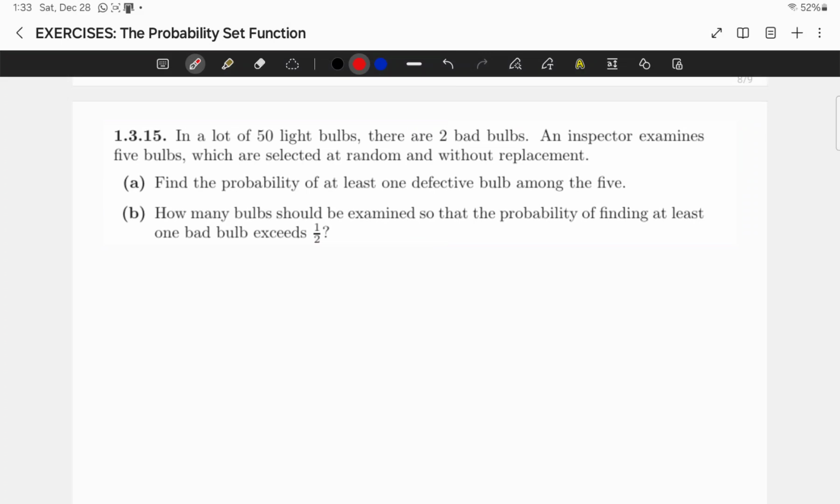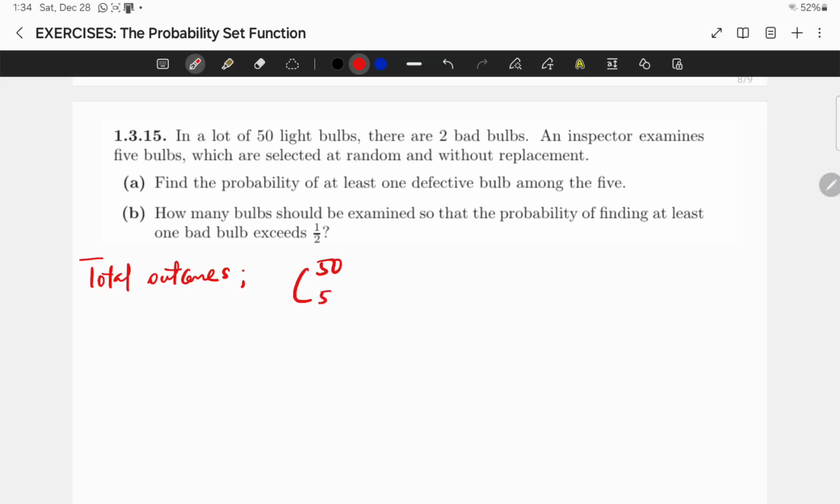An inspector examines 5 bulbs which are selected at random and without replacement. So let's make that our total outcome. So we have 50 light bulbs, then we pick 5 out of it.